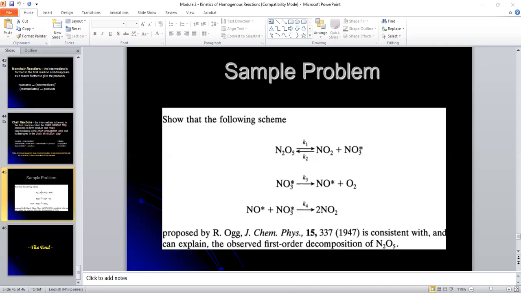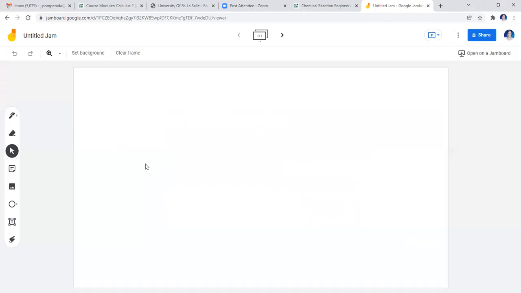Okay, let me share new screen. Okay, here we are. So I'd like to rewrite our given information here, our reaction, the provided reaction mechanism.